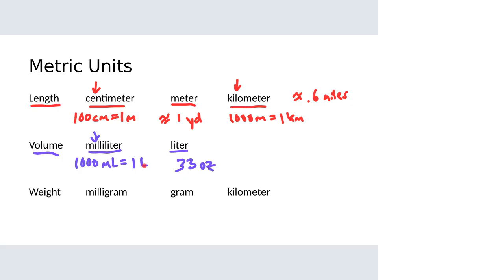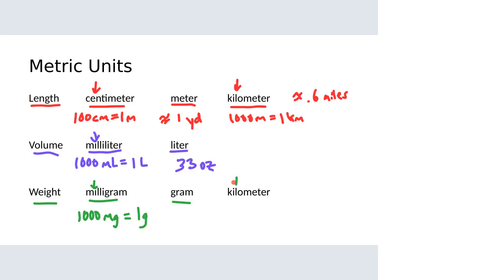Moving on to weight. When we talk about weight, our standard unit is the gram. And smaller than a gram, we would have a milligram, which just as before, milli corresponds to 1,000. So there'd be 1,000 milligrams in 1 gram.